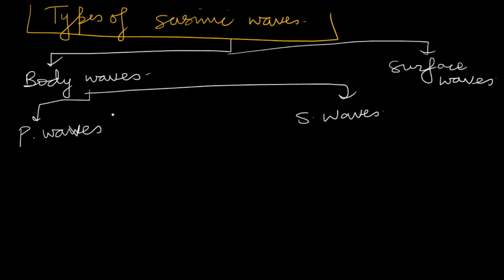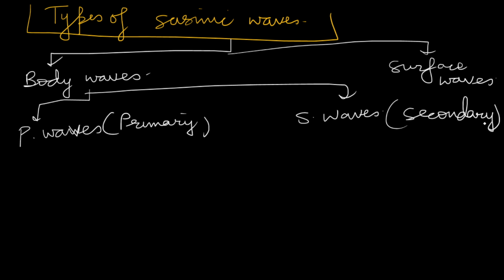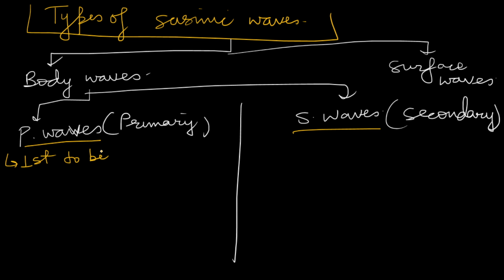P waves are known as primary waves and S waves are known as secondary waves. By differentiation we will understand both of them. P waves are first to be born, whereas S waves are second to be born.